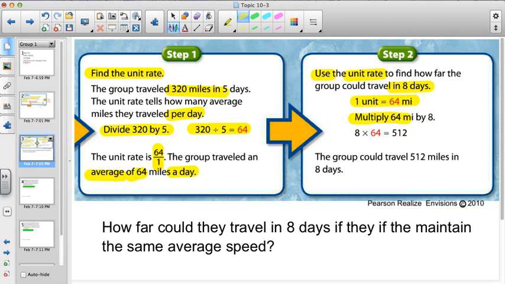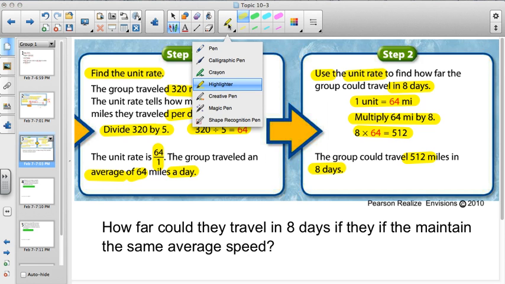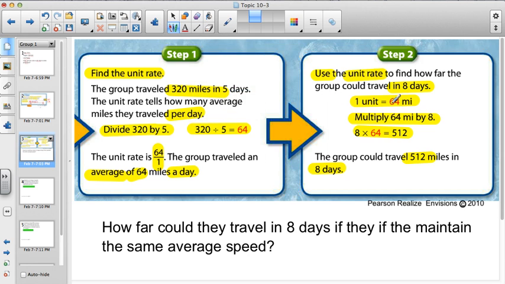We're going to multiply 64 by 8, and when you multiply 64 by 8, you get 512. So the group could travel 512 miles in 8 days, thanks to our unit rate of 64 miles per day multiplied by the 8 days.